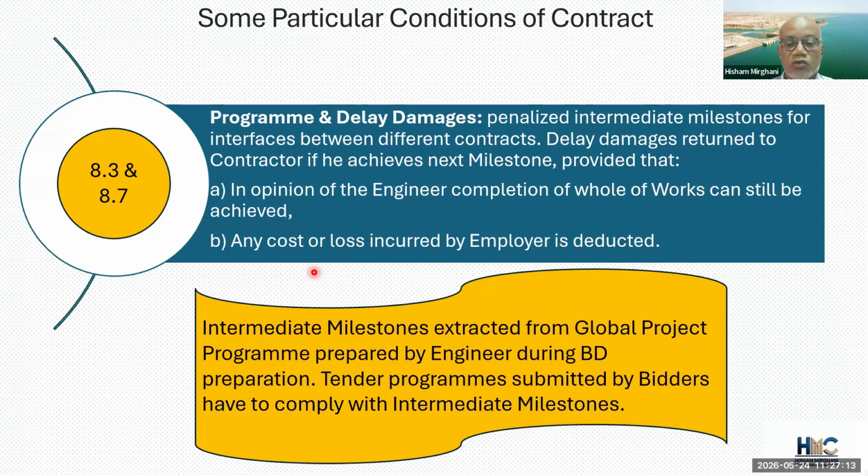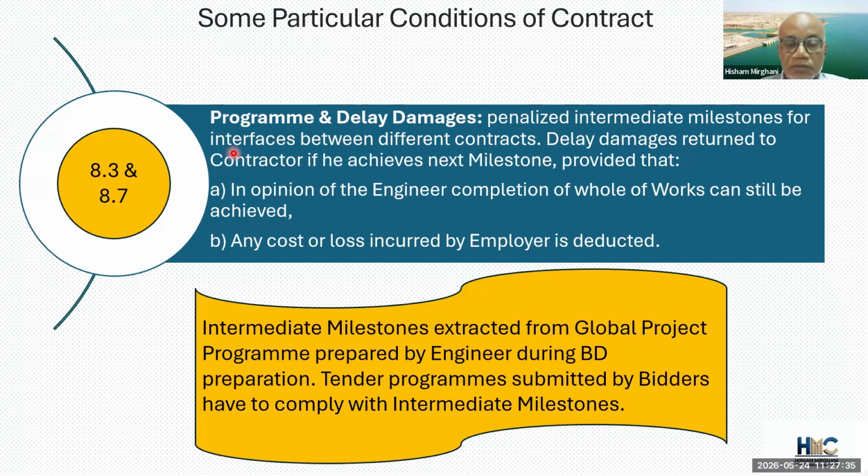And from this overall or global project program, the engineer would identify the interface milestones. And this would be inserted in subclause 8.3 for the program as intermediate milestones for the two contracts. And some of these milestones would be penalized. Why?